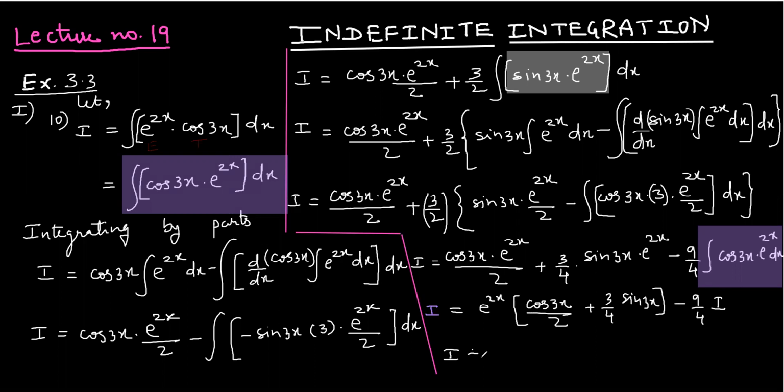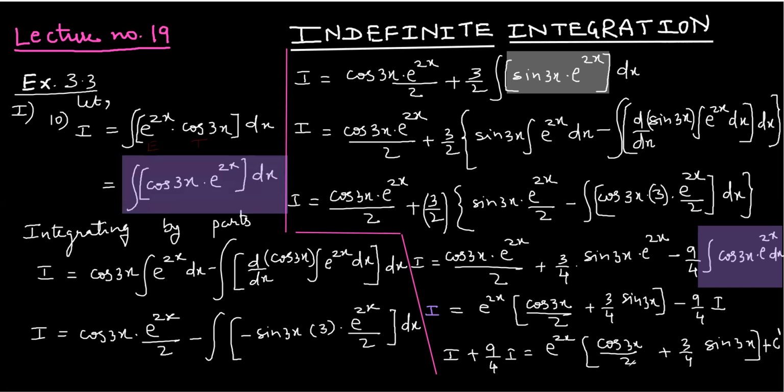So I get I plus 9 upon 4 times I equals e raised to 2x times cos 3x over 2 plus 3 upon 4 sine 3x.